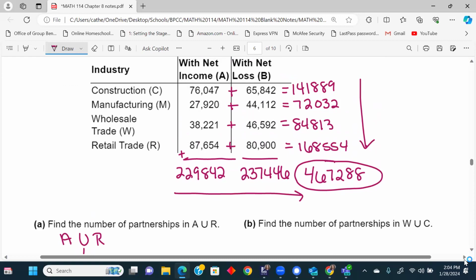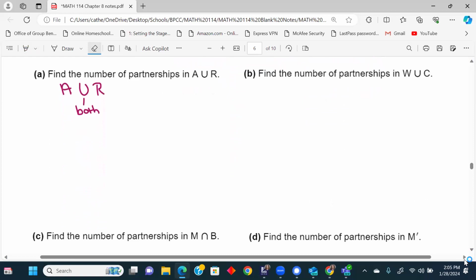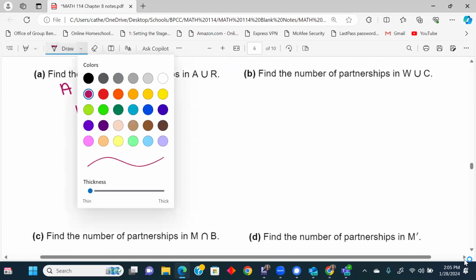A down is 229,842, and R is going to be, we're adding across. What's the problem here? Does anybody see it? We have an overlap at 87,654. We don't want to count that twice. So I'm going to write out how we're going to figure out this number.